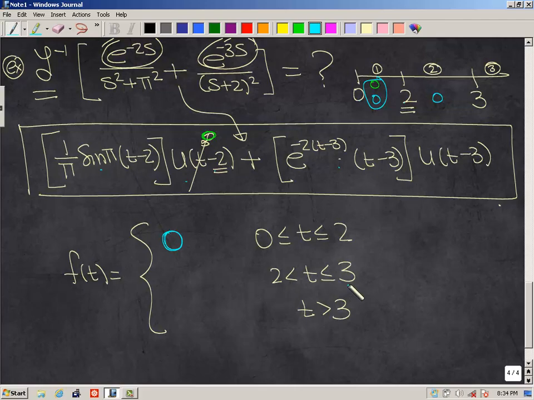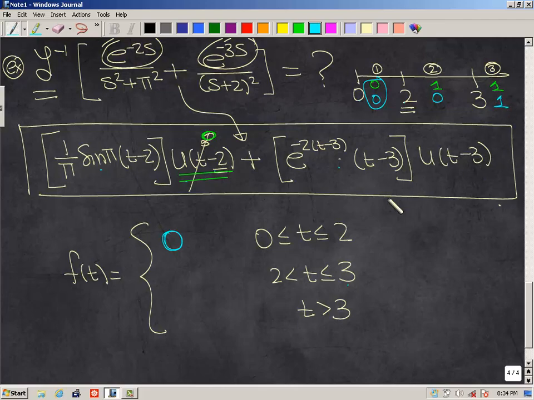Now between 2 and 3, what's going to happen? This green function is going to be 1 after 2. Do you agree? This function will come on at 2 and it'll stay on, so it'll be 1 after that. And this other step function, u, comes on at 3, and after that it's going to be 1.